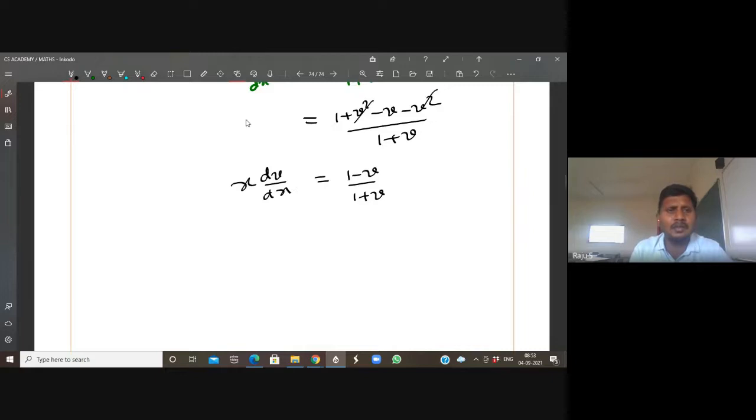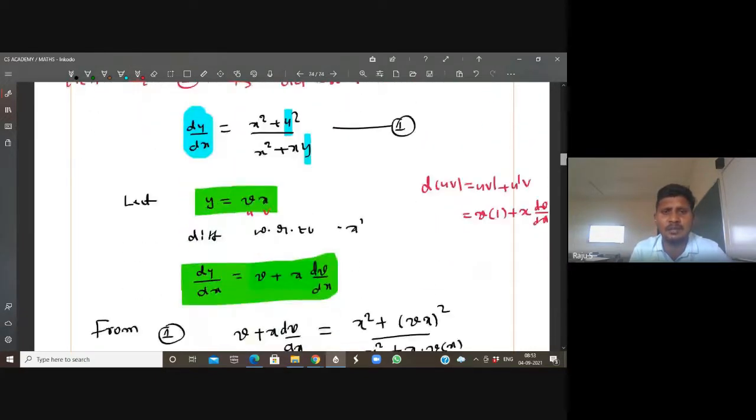Now, in the given equation 1, are you able to separate the x variable on one side and the y variable on the other side? Students, is it possible in the given differential equation? No. Can you separate the variables? No, we cannot separate.